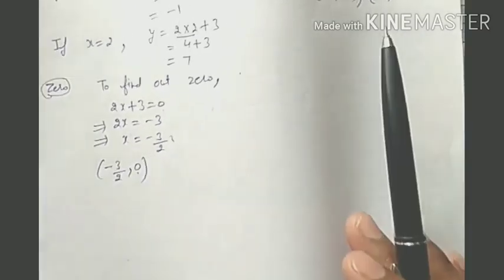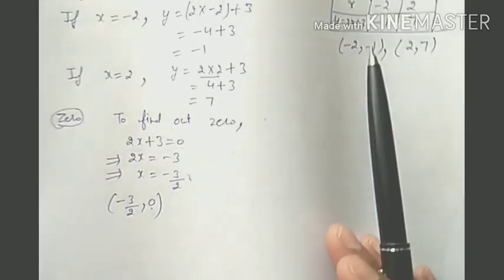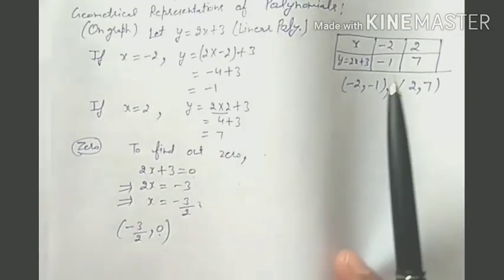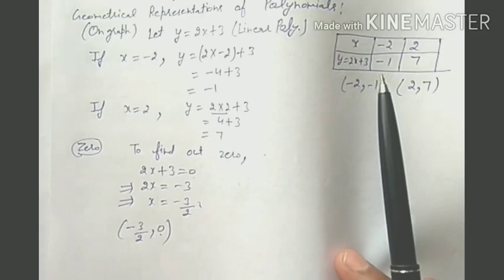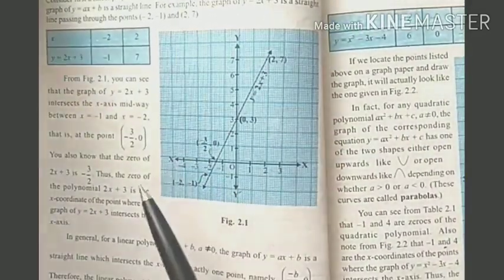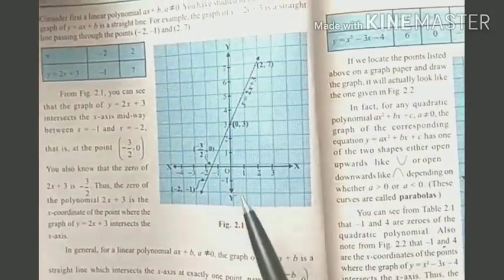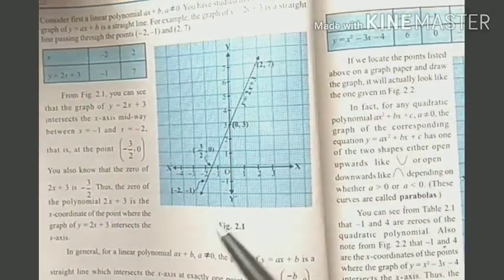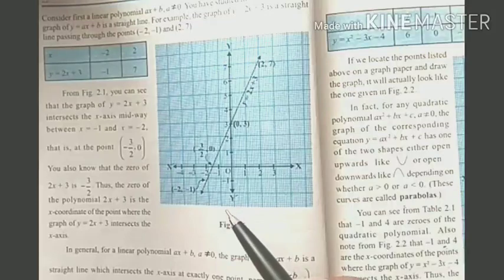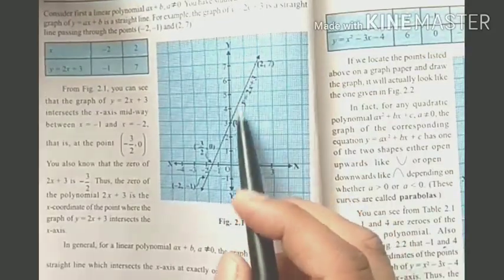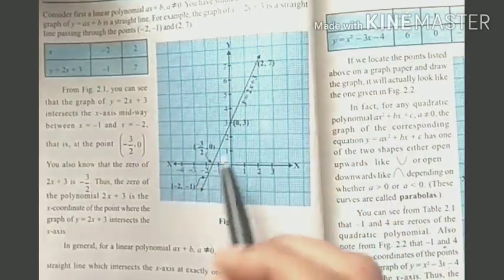Now we will plot our points, we will represent our points on graph paper. But students, I am not actually using graph paper because how to plot and draw is not in your syllabus. You can just see it in your book.